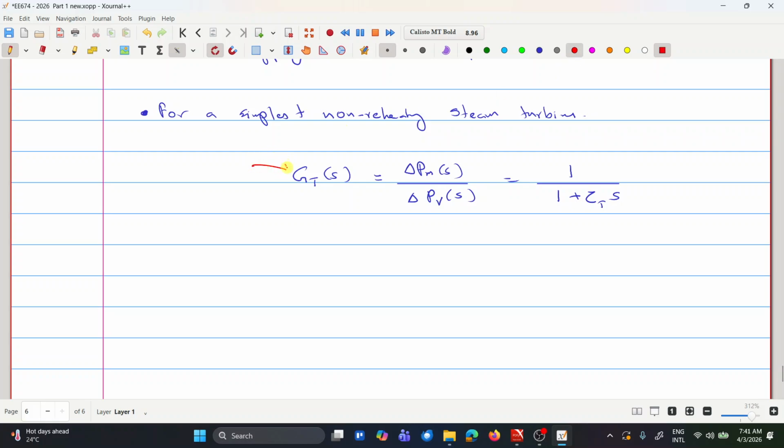This is the transfer function for the turbine, and this is the time constant of the turbine.